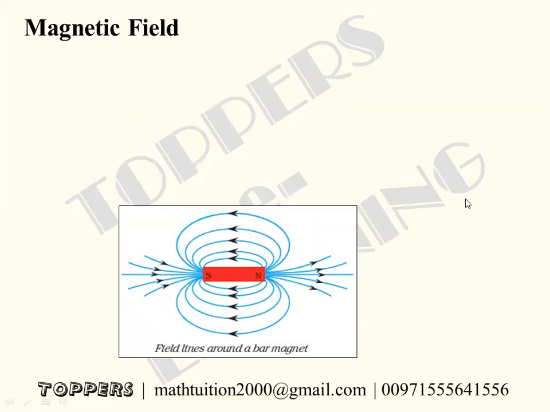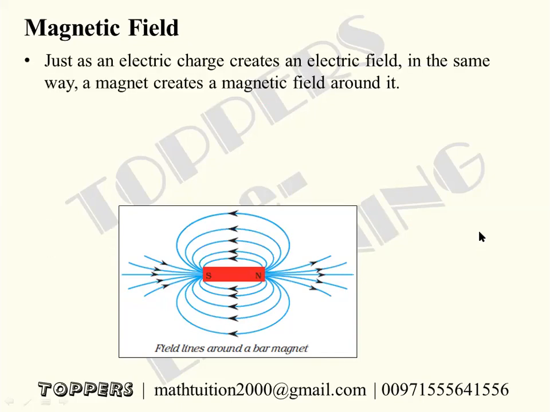Now, magnetic field. Magnetic field is a very important term in magnetism. What is a magnetic field? Just as an electric charge creates an electric field, in the same way, a magnet creates a magnetic field around it. Suppose we have a positive charge.